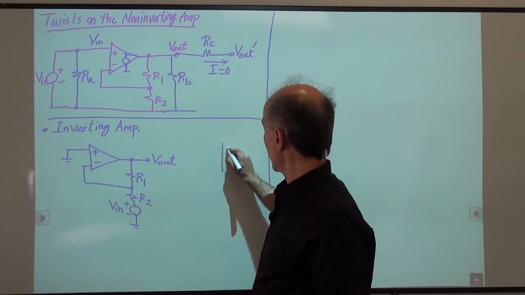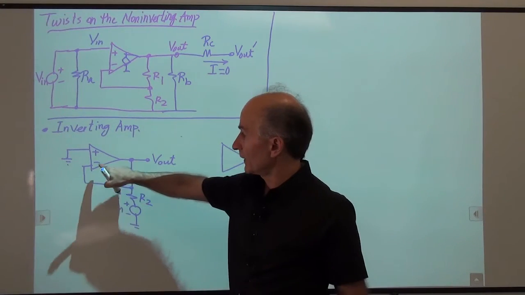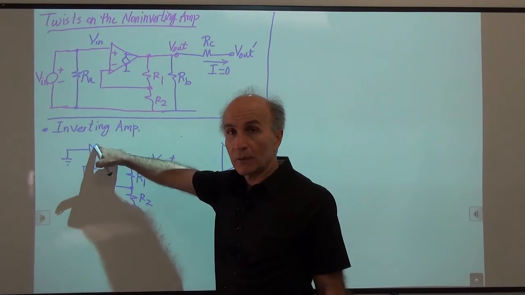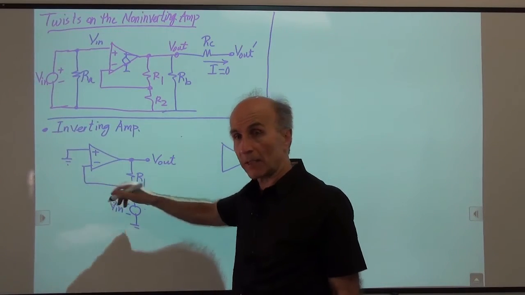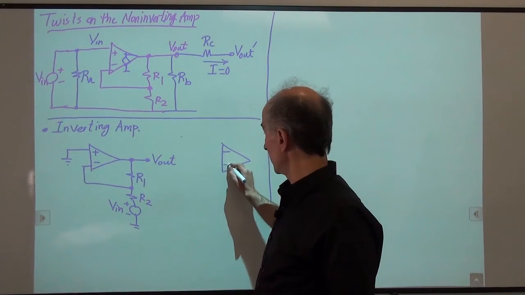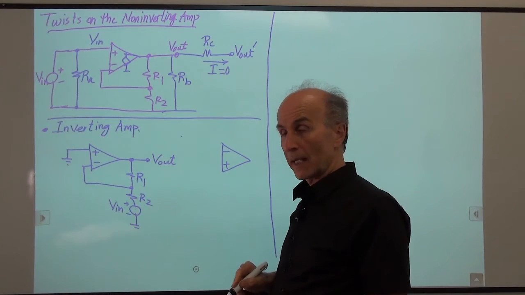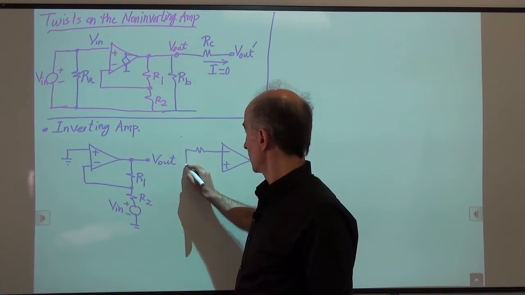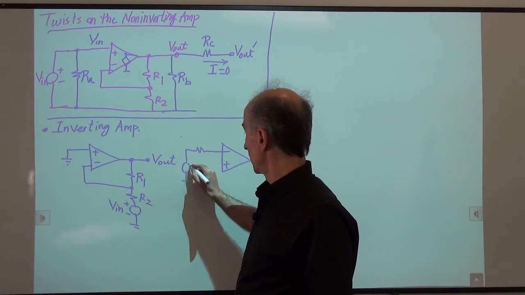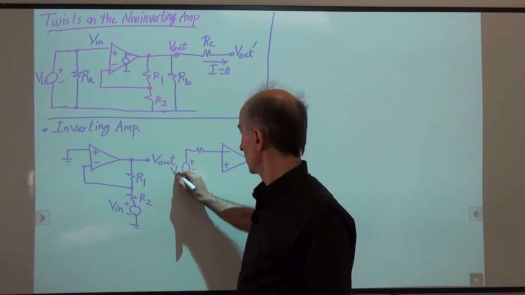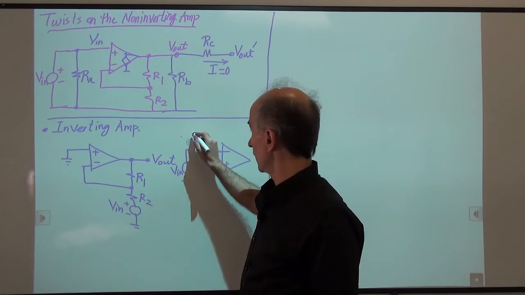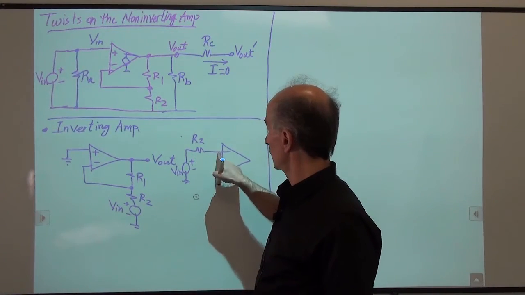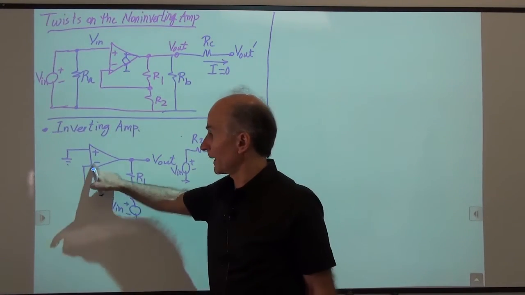So we draw the op-amp, but this time we place the inverting input on top and the other on the bottom. So it goes like this. And now we say our input voltage, V in, goes through a resistor R2 to the inverting input of the op-amp.